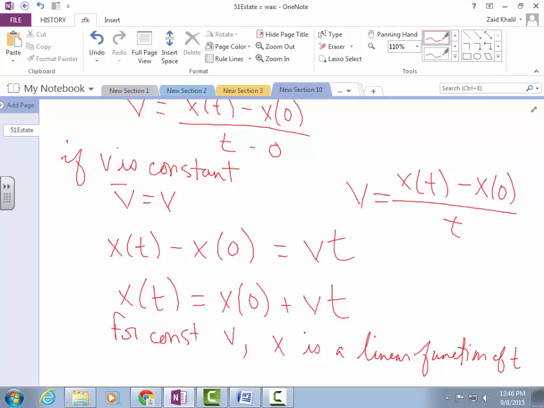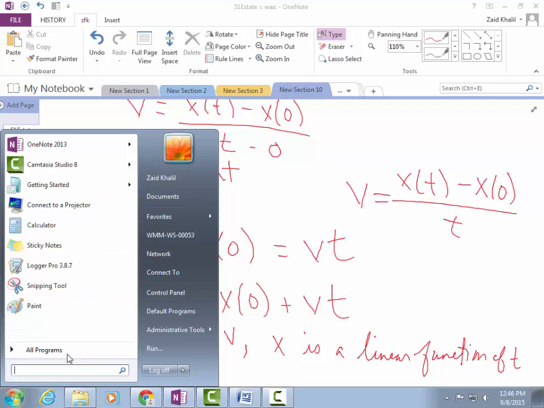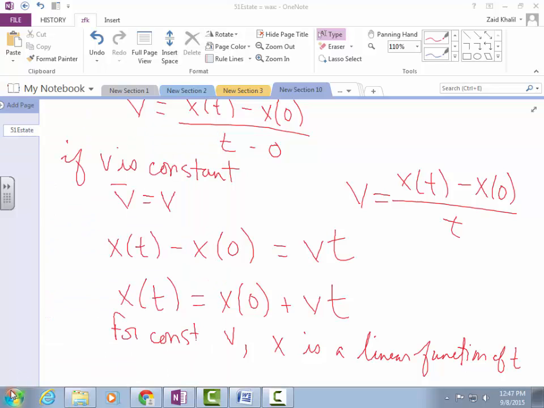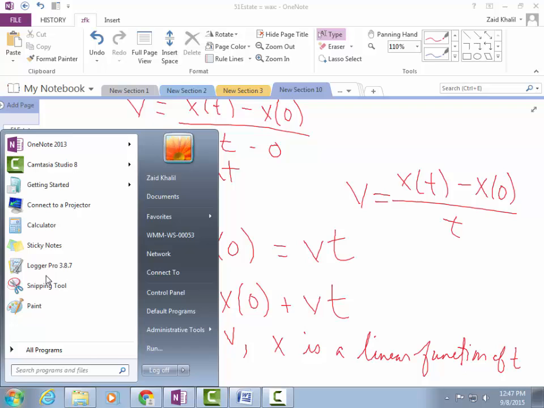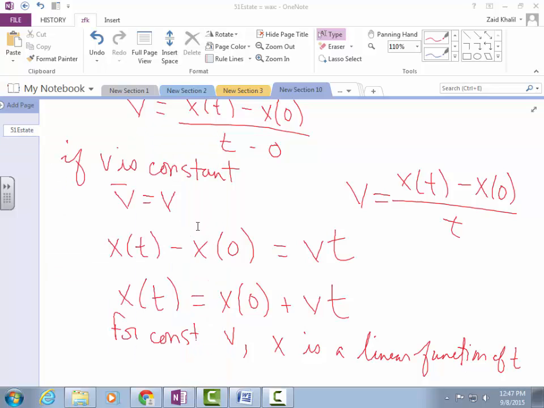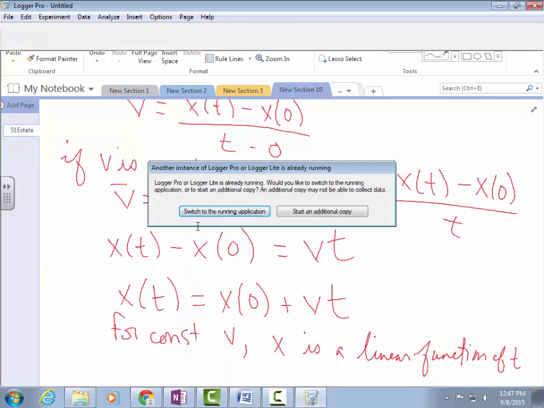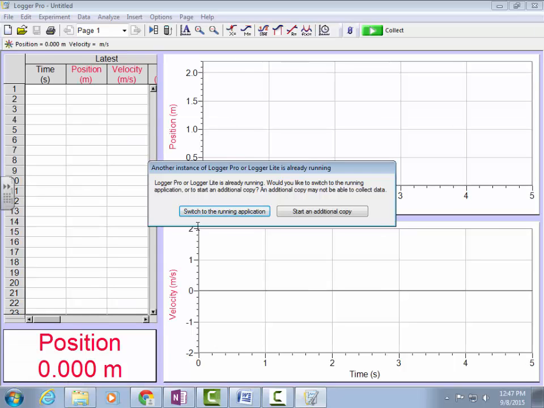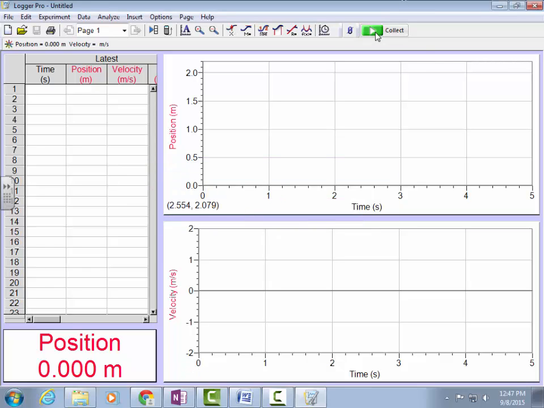So let's verify this. One way to verify it is to open up Logger Pro. And what I'm going to do is take this thing and start collecting data.